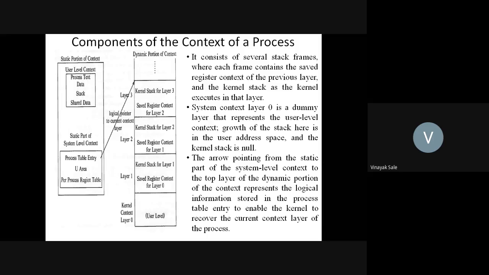The arrow pointing from the static part of the system level context to the top layer of the dynamic portion of the context represents logical information stored in the process table entry that enables the kernel to recover the current context layer of the process.